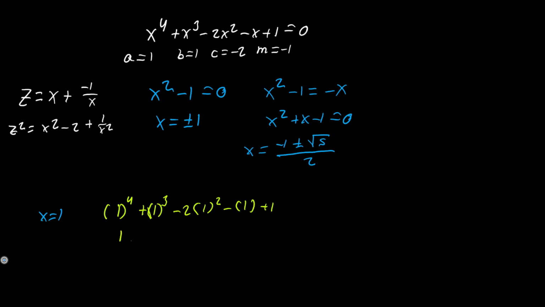So here we just have 1 plus 1 minus 2 minus 1 plus 1. These two cancel out. And 1 plus 1 is 2. And 2 minus 2 is 0. So we see that 1 is a solution, and so will negative 1 be a solution.